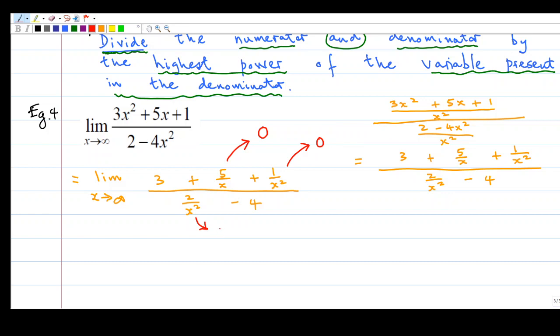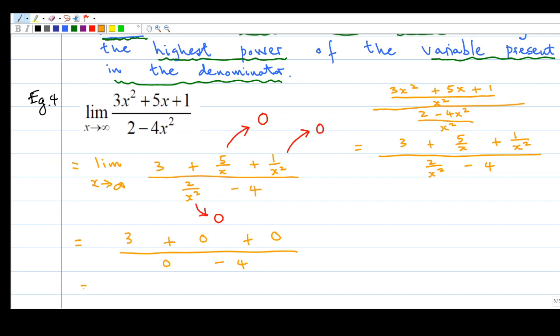That whole fraction is going to approach 0. So you can see here that taking the limits, I'm going to end up with, for the numerator, 3 plus 0 plus 0, all over, for the denominator, 0 minus 4. And this gives me an answer of negative 3/4.